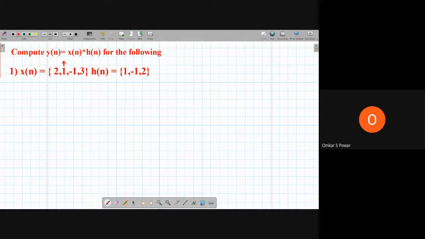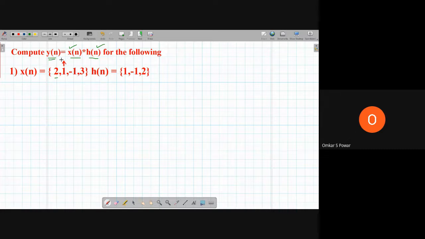The first question is: compute y of n is equal to x of n convolution h of n. So you have to compute the convolution. They have given x of n and h of n. x of n is equal to 2, 1, minus 1 and 3.